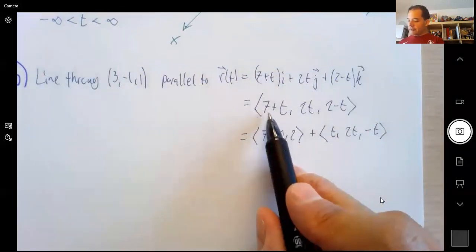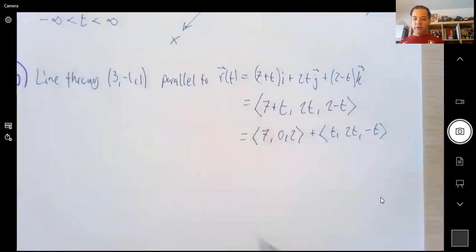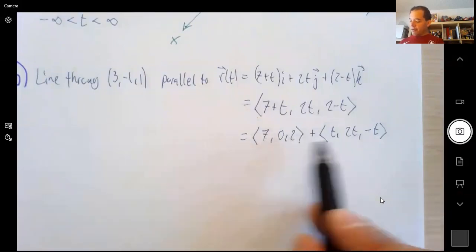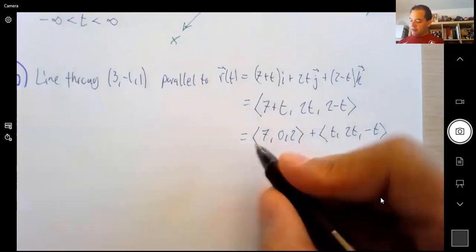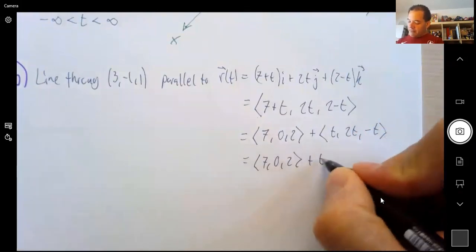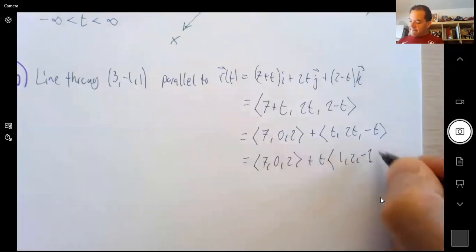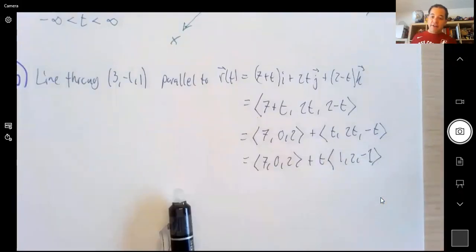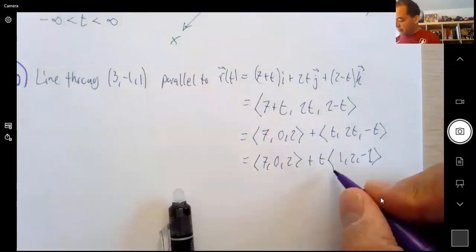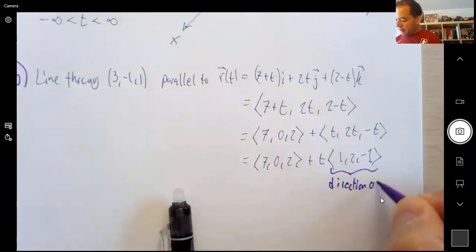I separated the constants. The constants were 7, 0, and 2. And that's just like a point there. So these we don't care about. We only care about this one. That's the direction. If you extract the t, you get (1, 2, -1). All right, that's great. This is the direction vector. This is the direction of the line.